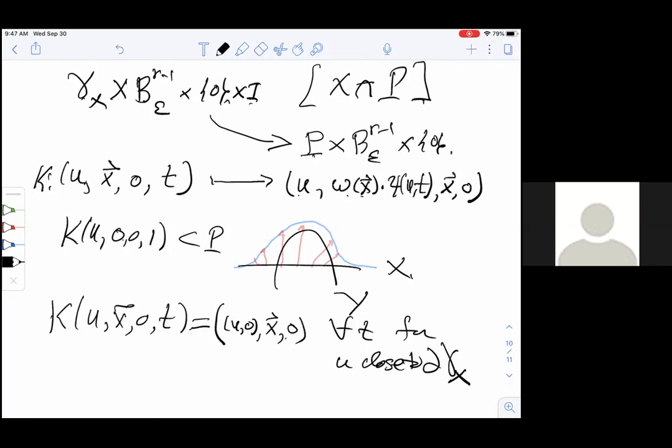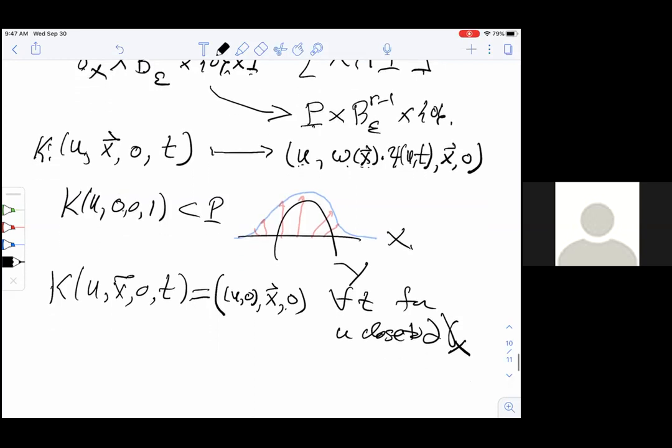And the reason is that whenever u is sufficiently close to the boundary of x, psi is 0, so it doesn't matter what omega x is. This coordinate's always 0. So you end up in u0, x, 0. Okay. So near that part of the boundary, this isotopy is constant. That's when u is going to the extremes.